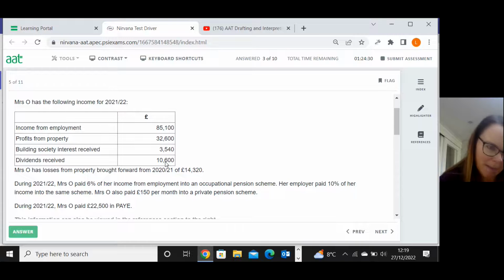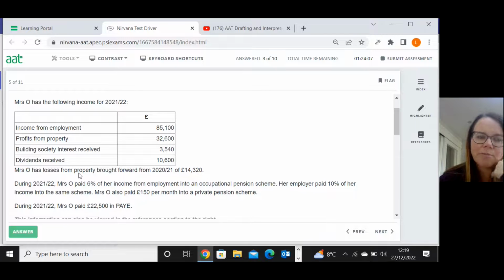So things going through my mind at the moment: savings allowance, dividend allowance. Looks like they're quite a high earner. So I'm thinking I'm going to have to do something with my personal allowance for being over 100,000.